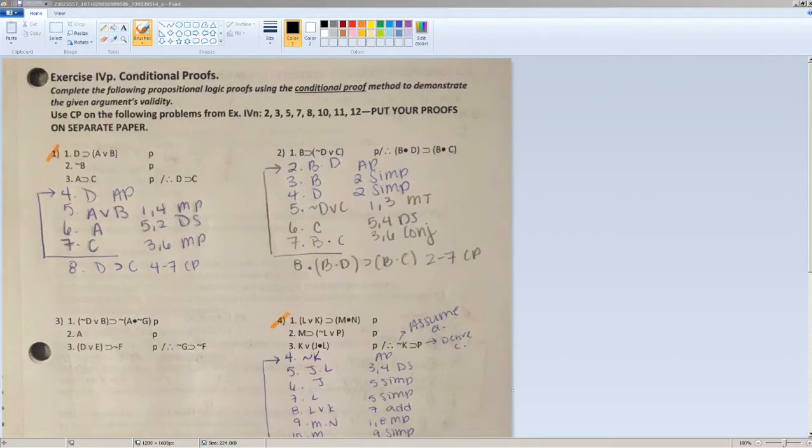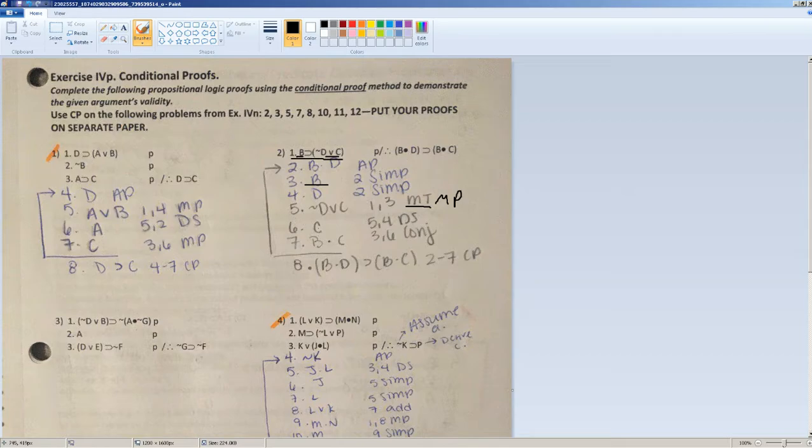Alright, so we're looking at number 2 here. Not a whole lot to say on number 2, other than on line 5 you used the rule modus tollens here by lines 1 and 3. You have lines 1 and 3 here, so B, B, so actually you used modus ponens right there.